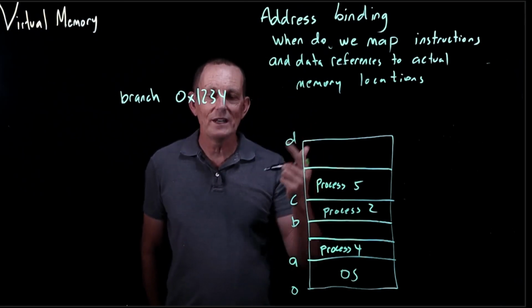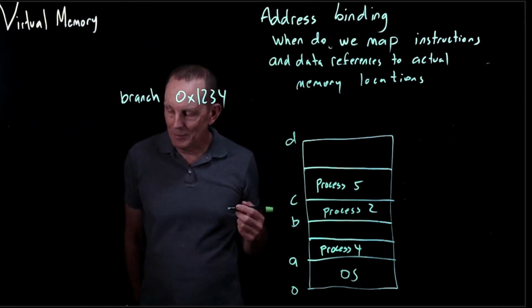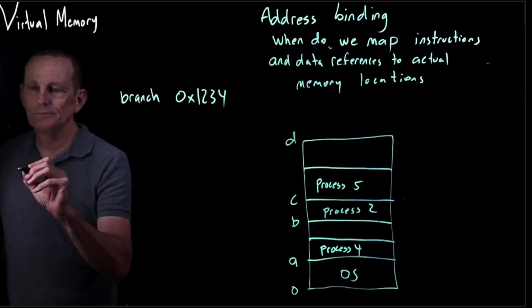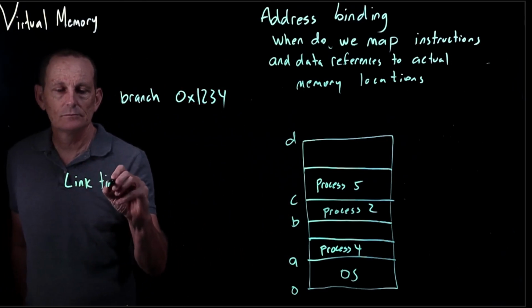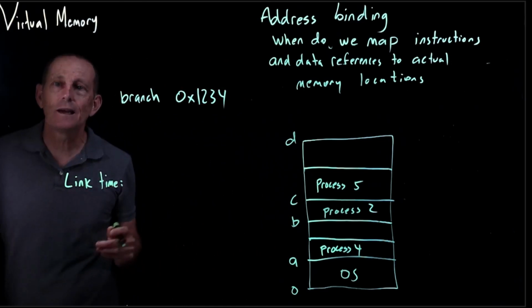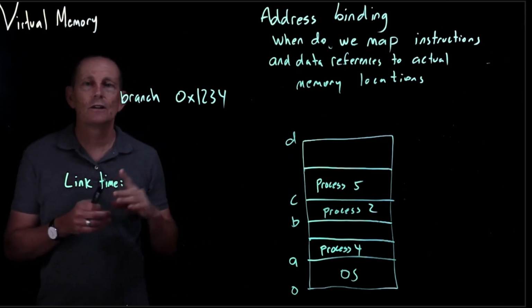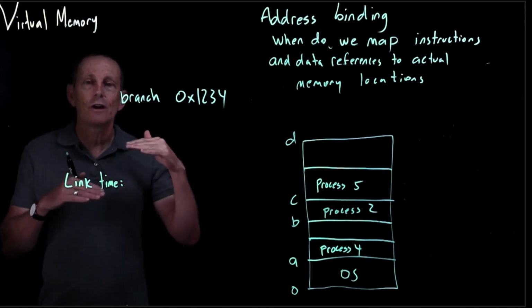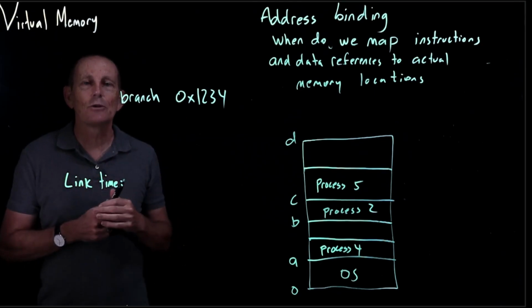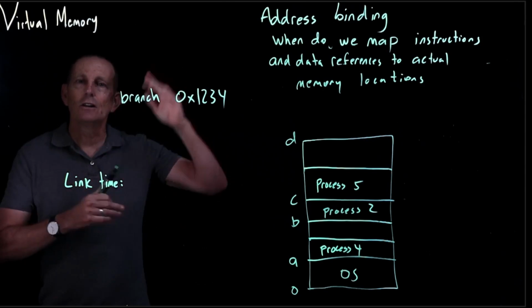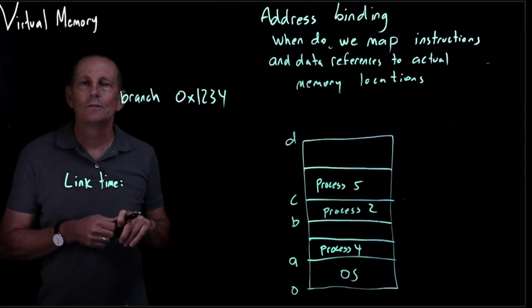So when does this binding happen? One place it can happen is at link time. At link time, the linker will take all these object files together, put them all together, figure out where it intends for this process to be loaded in memory, and then makes everything relative to that.